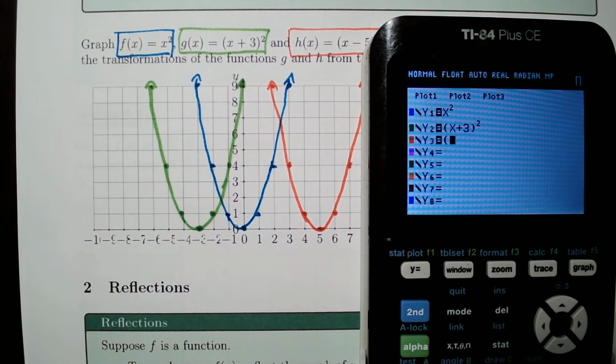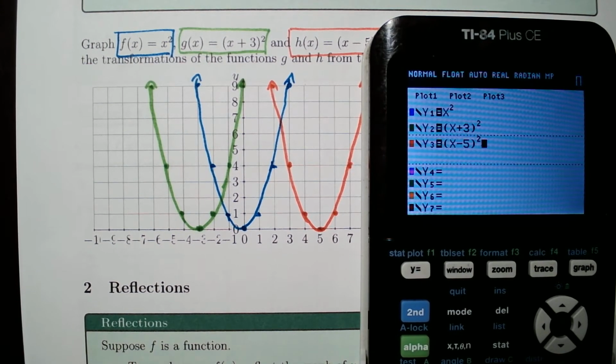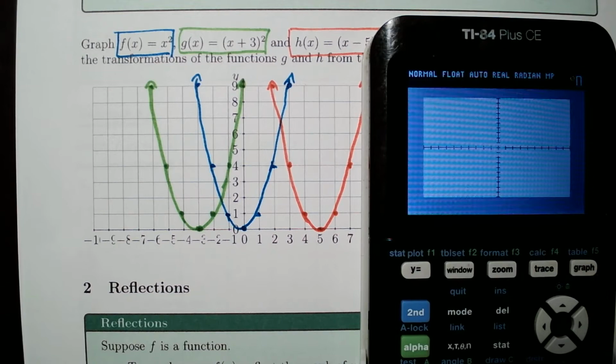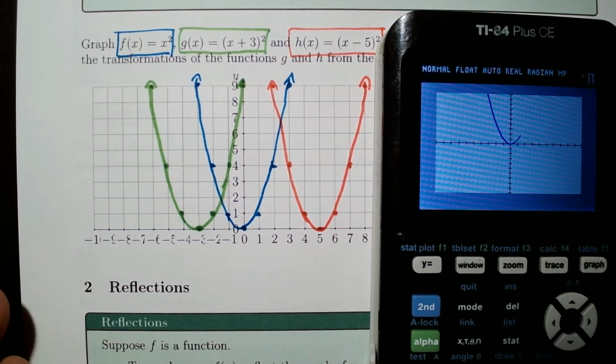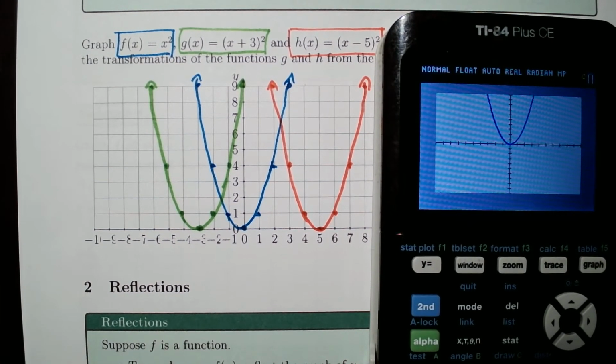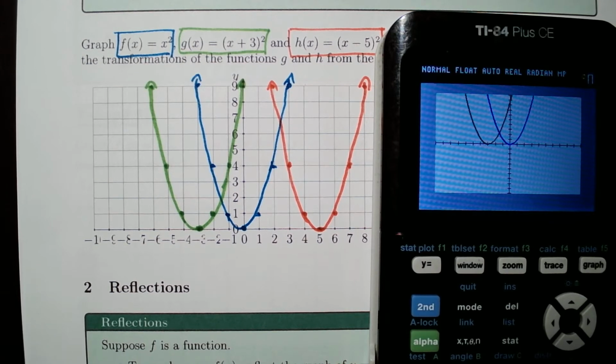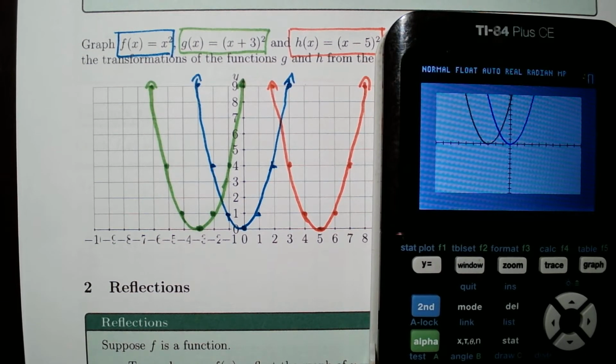And then I'm going to open parentheses, x minus 5, close parentheses, and square. And look at the graphs we're going to obtain. Again, we get the parent graph in blue, and then the green one shifted 3 units to the left, and then the red one, which is shifted 5 units to the right.